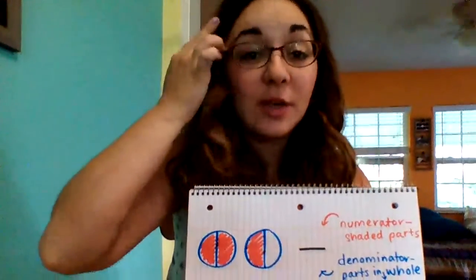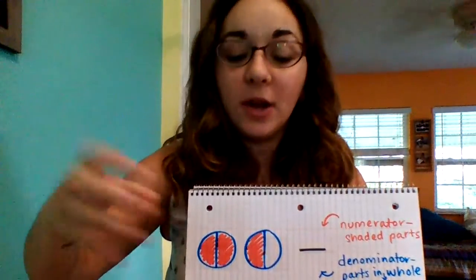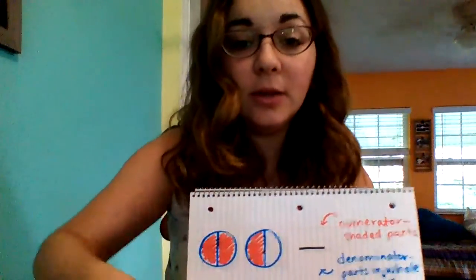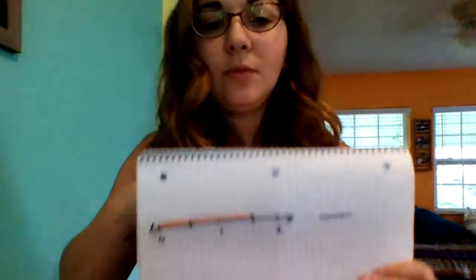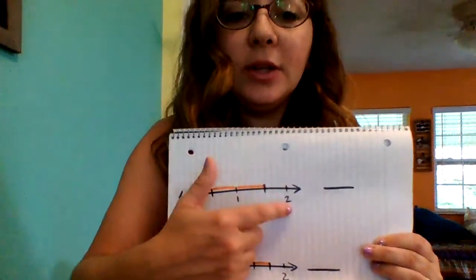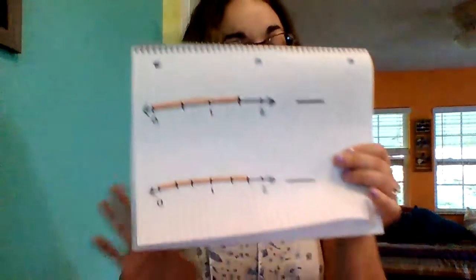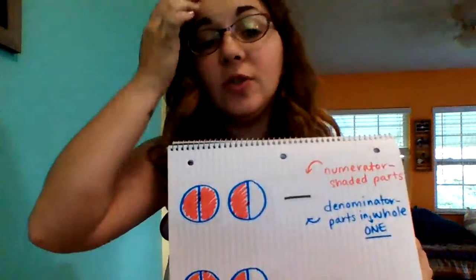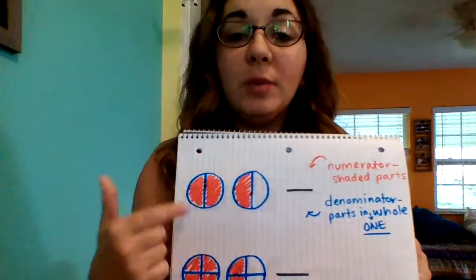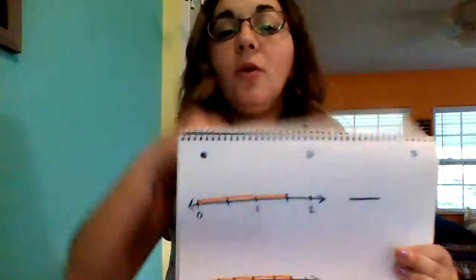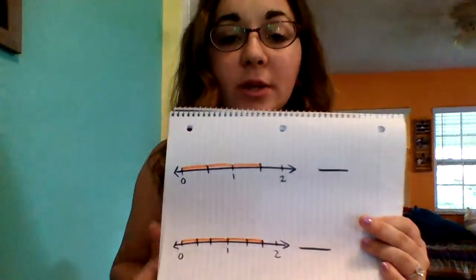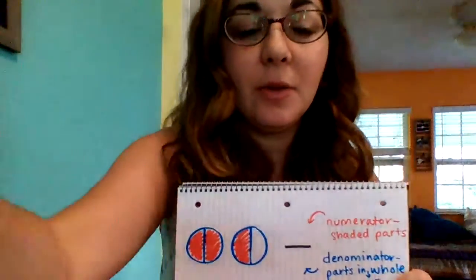All of the fractions that we see are going to have either more than one model, or they're going to go past 1 on the number line. So that's what we mean when we say fractions greater than one whole: more than one model shaded, or going past 1 on the number line. So let's take a look.